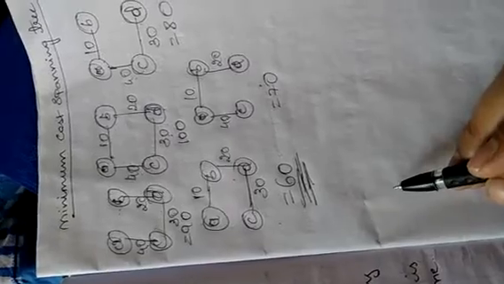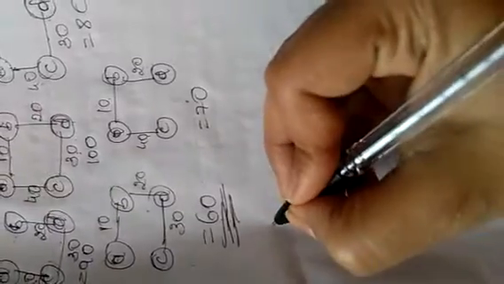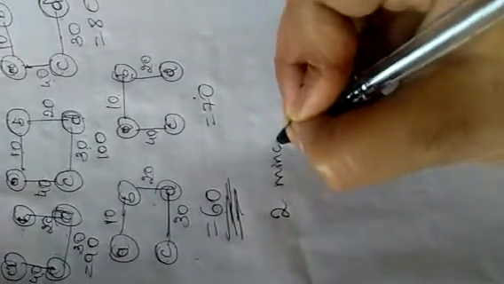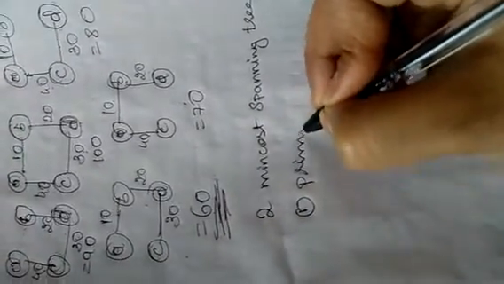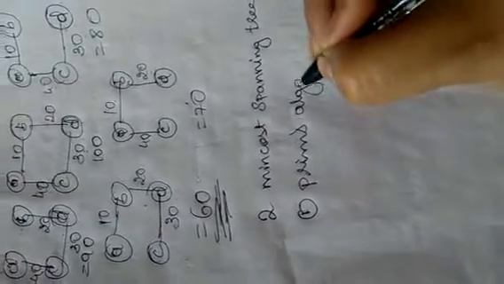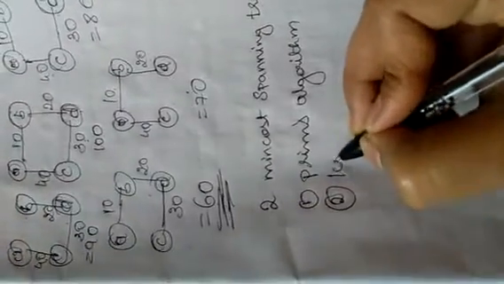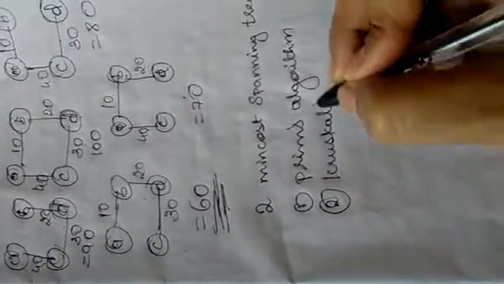Here in this minimum cost spanning tree, we have 2 different algorithms, and that is very important. The two minimum cost spanning tree algorithms we are going to study: first one is Prim's algorithm, and the second one is Kruskal's algorithm.